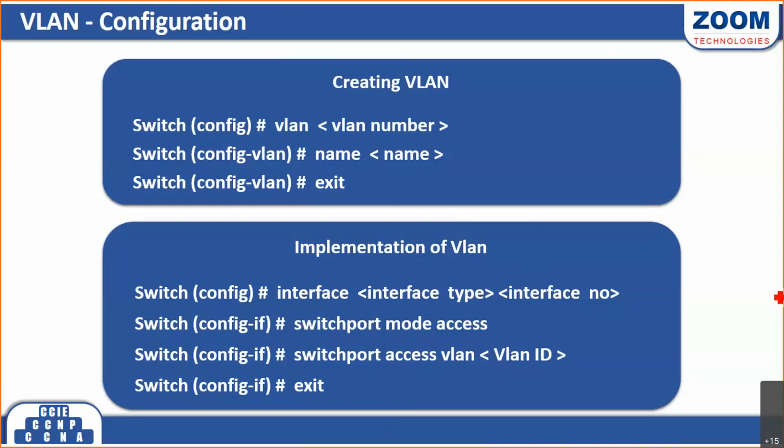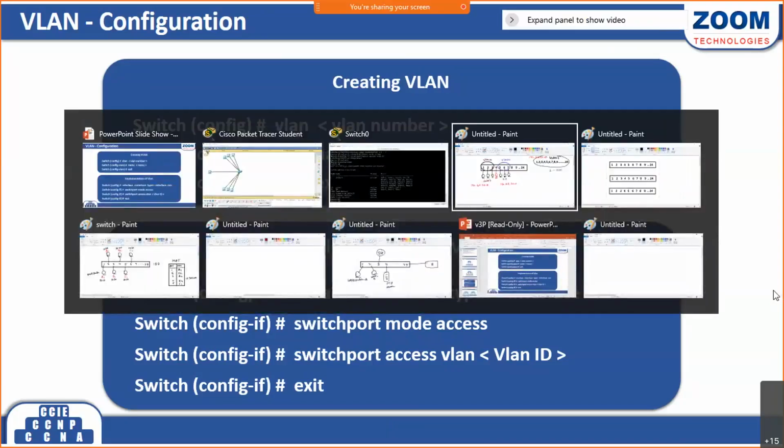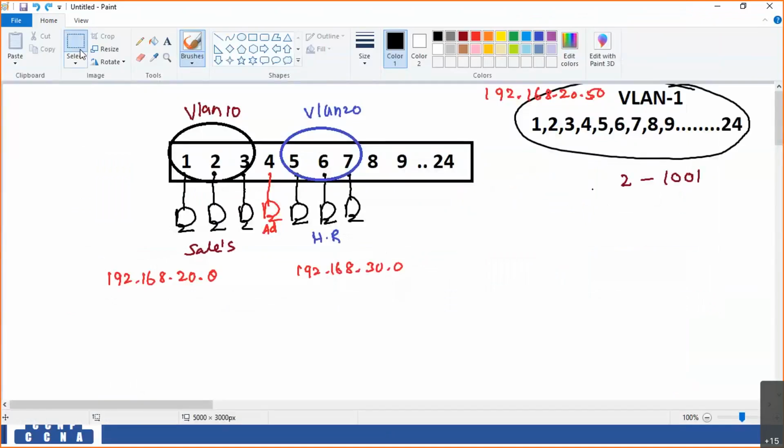Right, so we have seen VLANs in one switch. It's in switch B also.